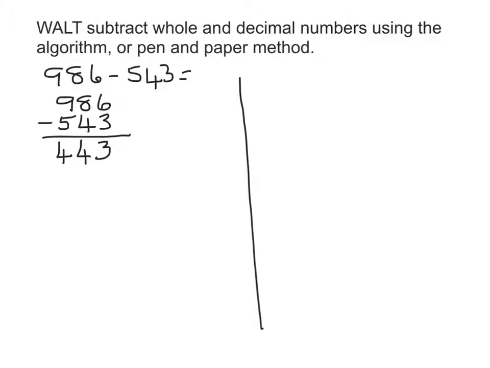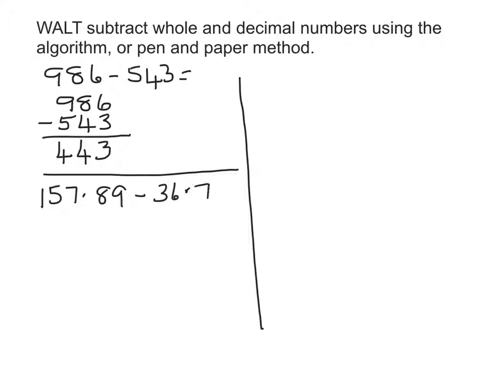Moving on now to a decimal version of the same sort of thing, we have 157.89 minus 36.74.